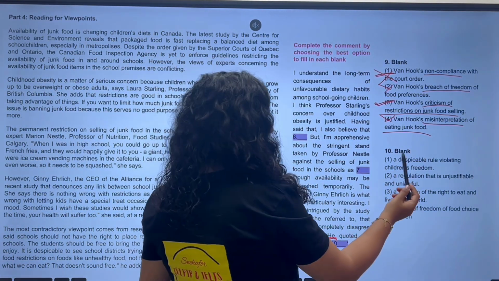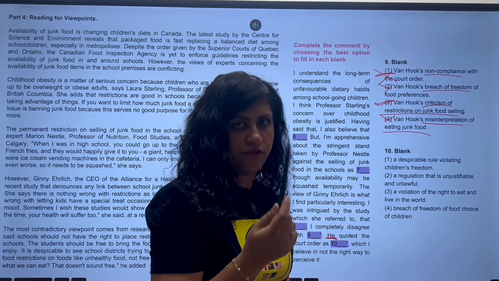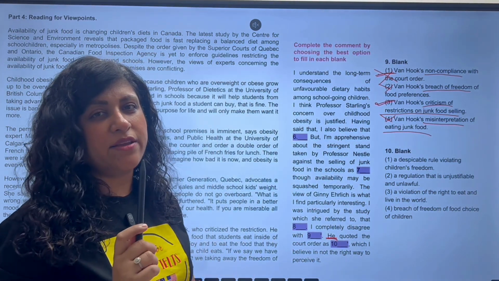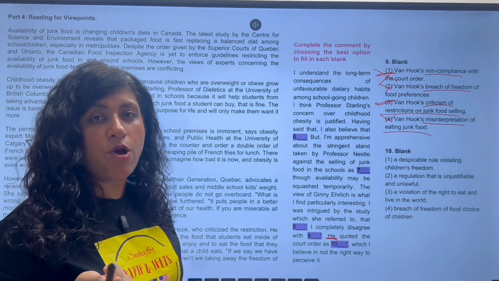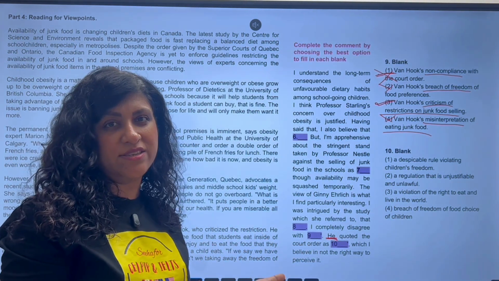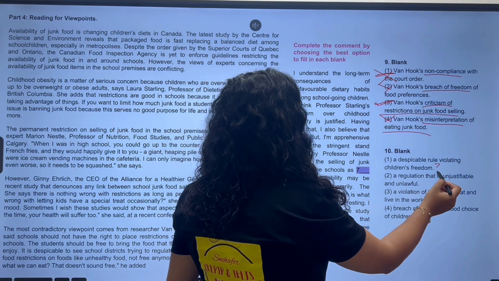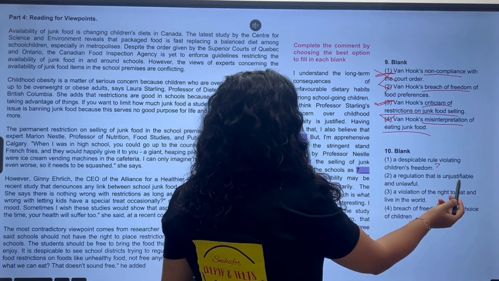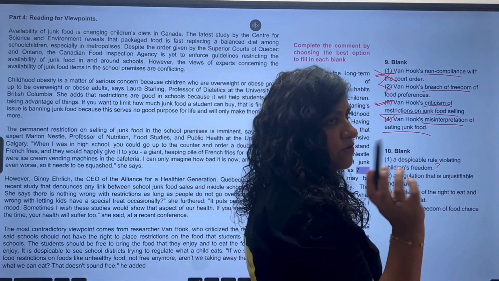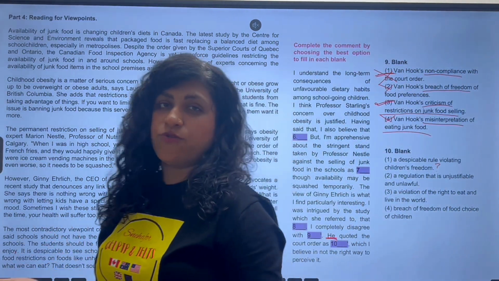So despicable rule violating children's freedom, okay, yes, it violates children's freedom, but it's incomplete again. Children's freedom related to what? Related to wearing of clothes, going out, watching movies, eating, what? That is missing. So it's an incomplete one. A regulation that is unjustifiable, unlawful. No, he did not say that the court order is unjustifiable, unlawful.